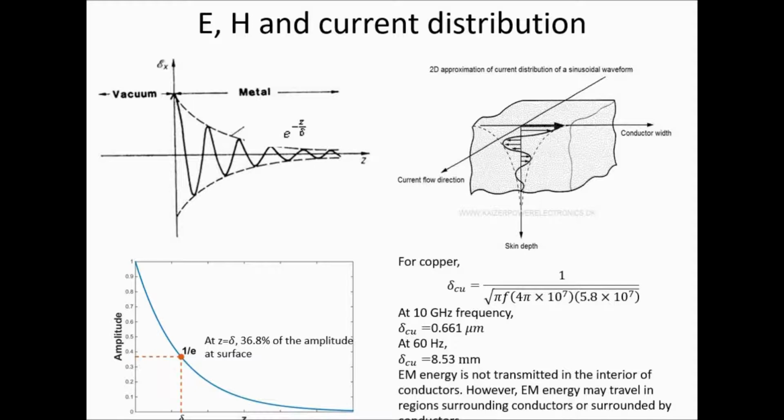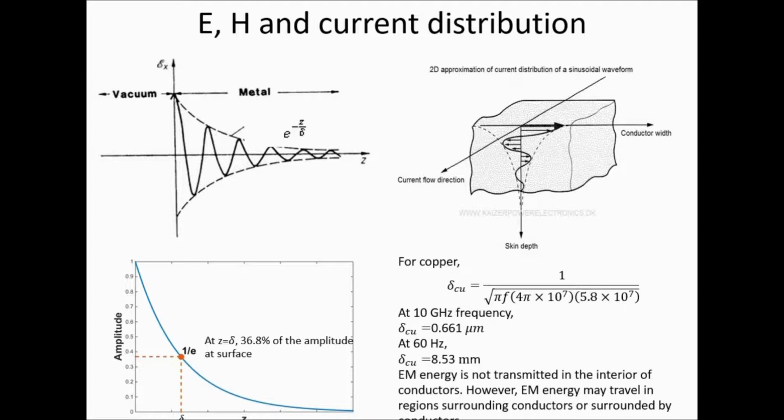At 10 gigahertz, for a waveguide, the wave will reduce to 36.8% if it penetrates 0.66 micrometer. Therefore, the skin depth is an important measure to determine the thickness of the waveguide wall so that the radial power radiation remains low.